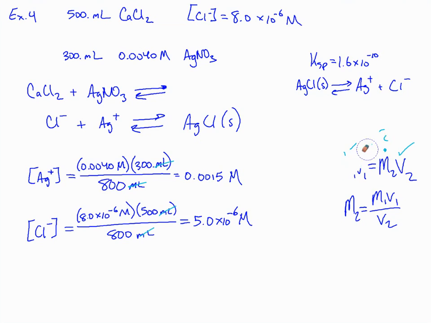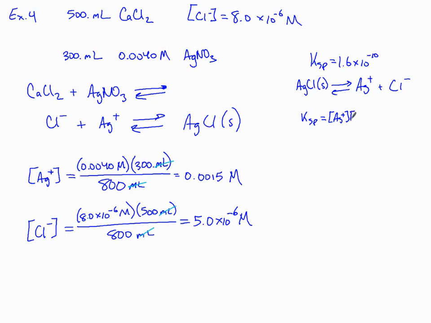So we want to know, is a precipitate going to form when these two things are combined? And so we need to look at Q. And Q is really the equilibrium expression using numbers when we're not at equilibrium. So the equilibrium expression would be KSP equals concentration of silver times the concentration of chloride. The QSP is the concentration of silver times the concentration of chloride.